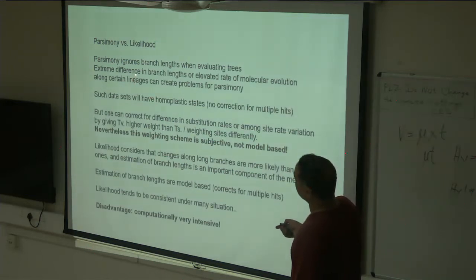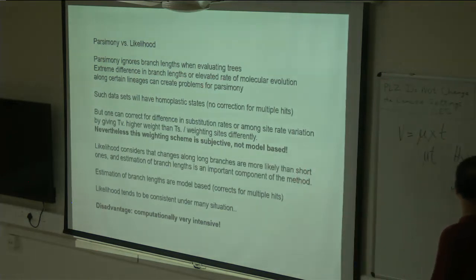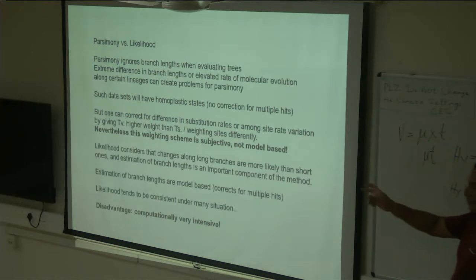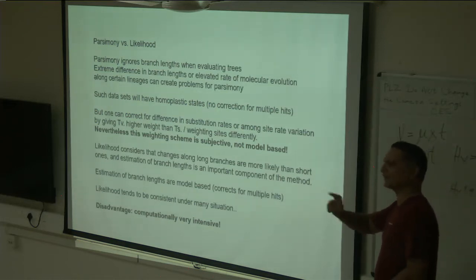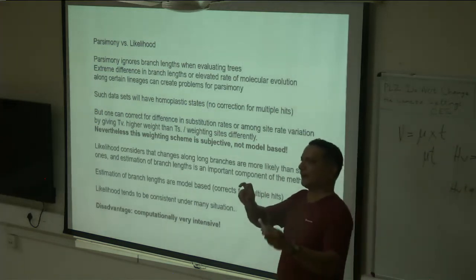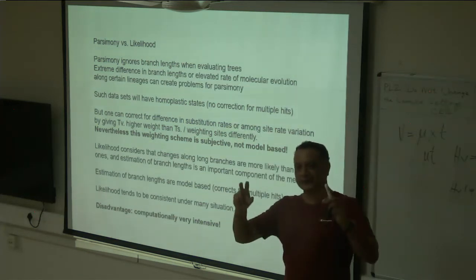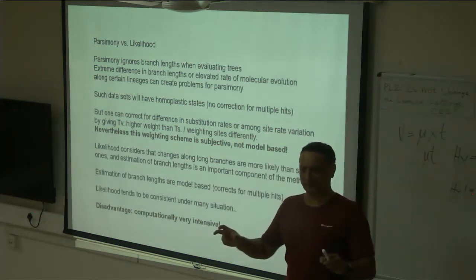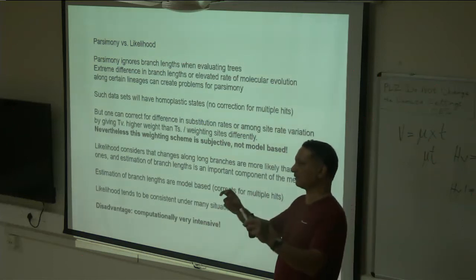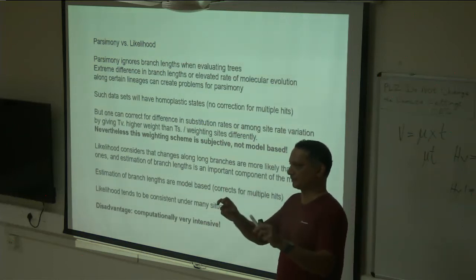So when we compare likelihood and parsimony, parsimony ignores branch lengths when evaluating trees. Remember we had situations where two scenarios were equally parsimonious when we were placing the ancestral state.